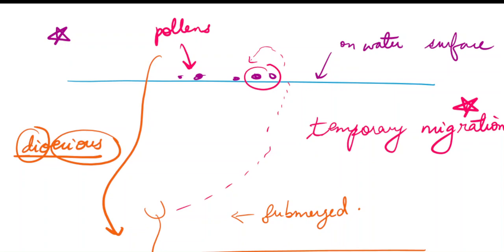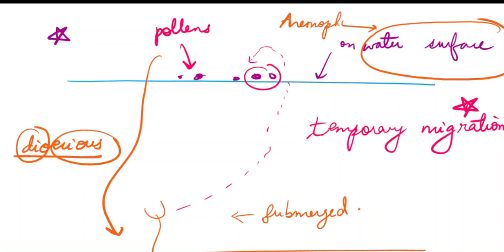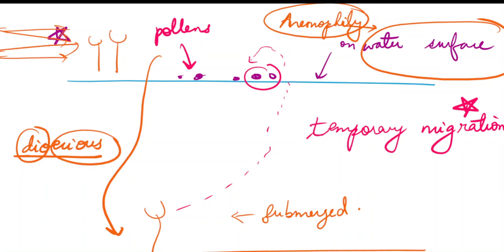Now if some plants are on the water surface, then they can also undergo anemophily. Anemophily means wind pollination, because if the flowers are on the water surface, then wind can come and pollinate them.